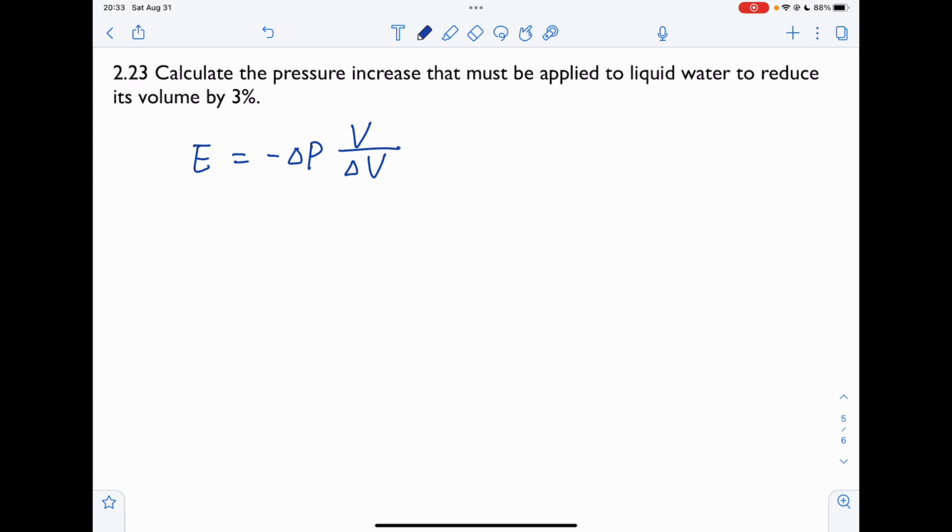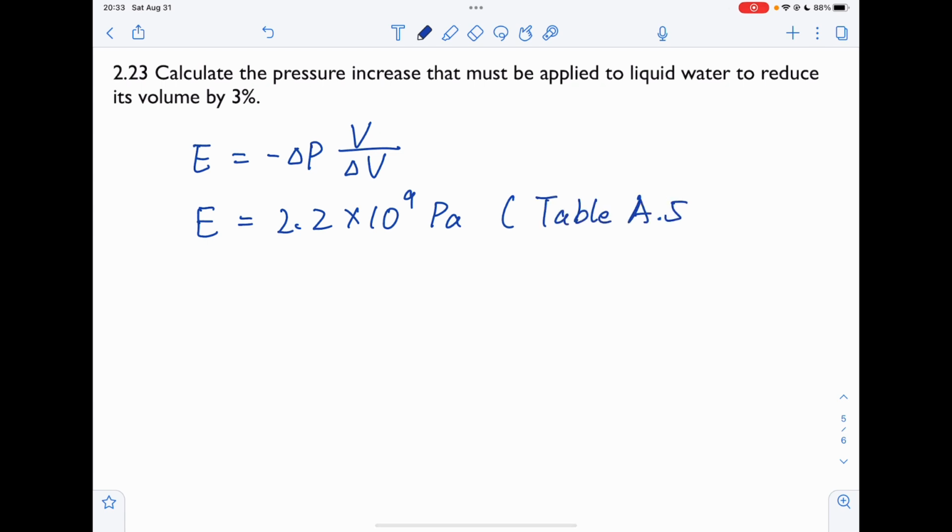First we're gonna find the E for the water, which is 2.2 times 10 to the power of 9 Pascal. This is from table A5.